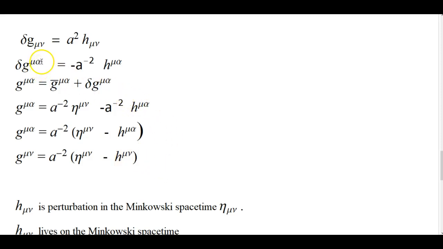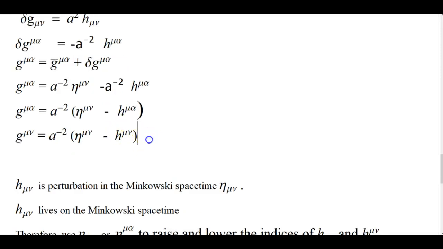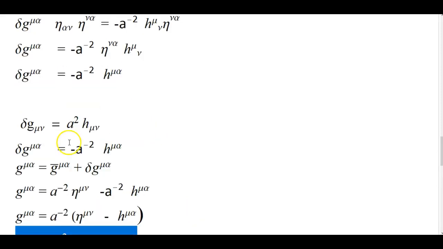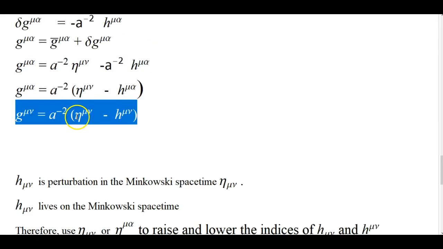So the inverse of perturbation is delta G mu nu, and its inverse is this. And if this is a square h mu nu, this is minus 1 over a square h mu nu. I will put this expression in the formula sheet. All the relevant equations from here I will put in the formula sheet.